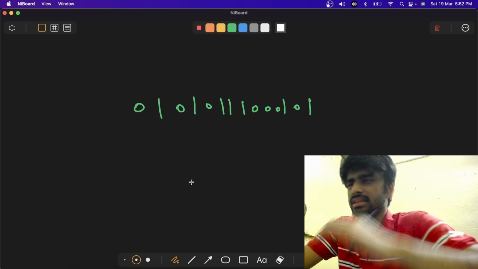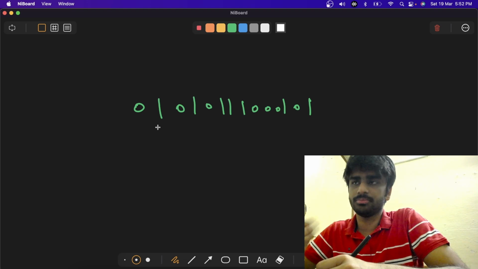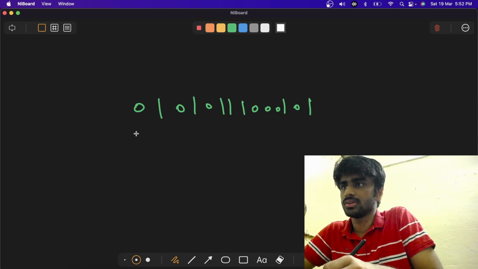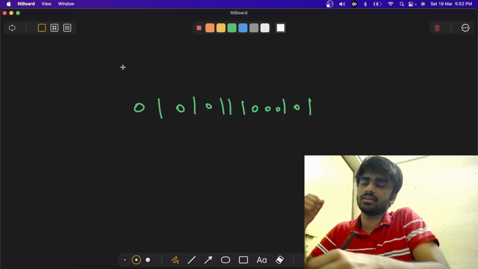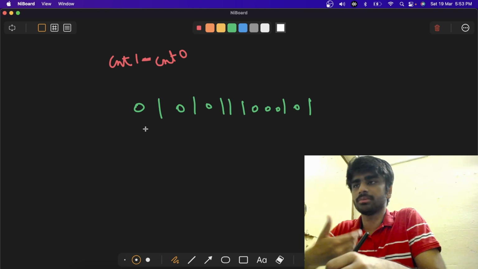So it seems natural to try some kind of prefix sum of this. Let's say we are storing the value of count 1 minus count 0, and we're doing a prefix sum of this.